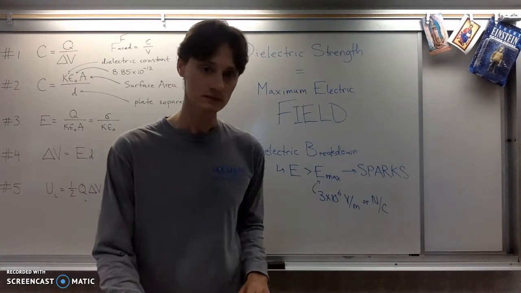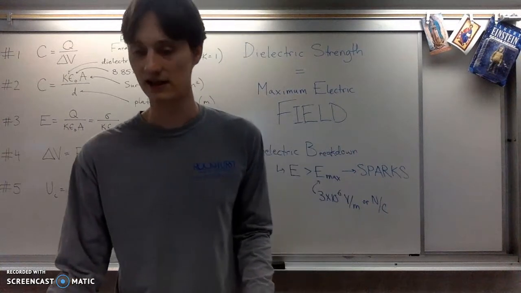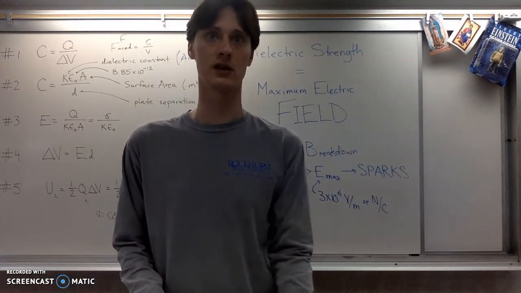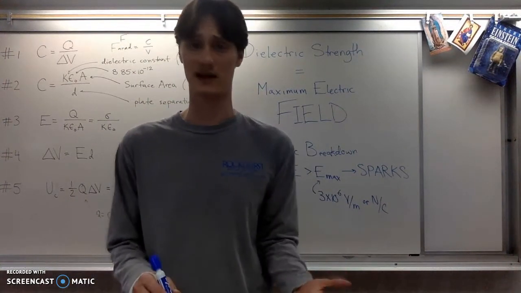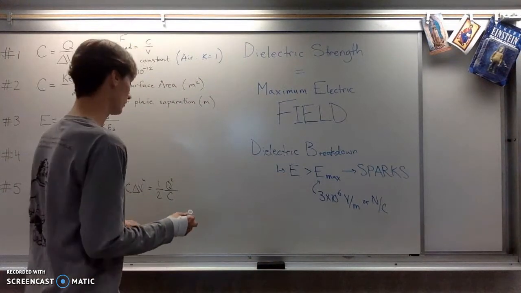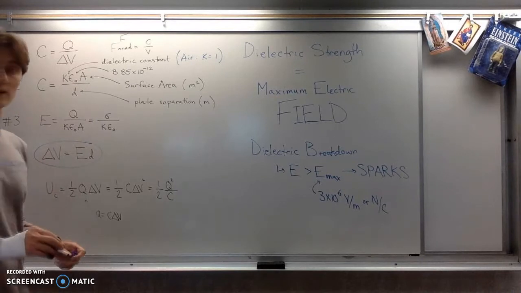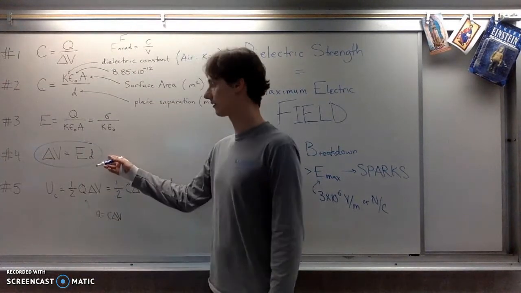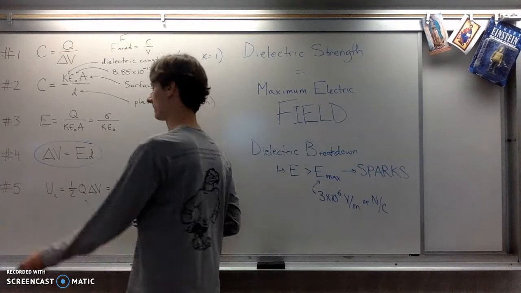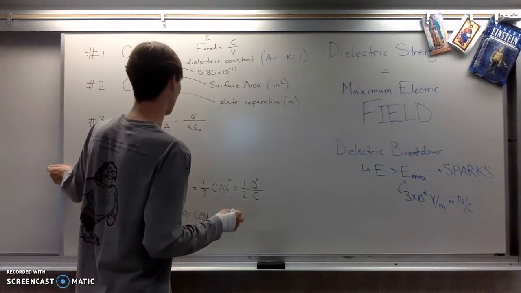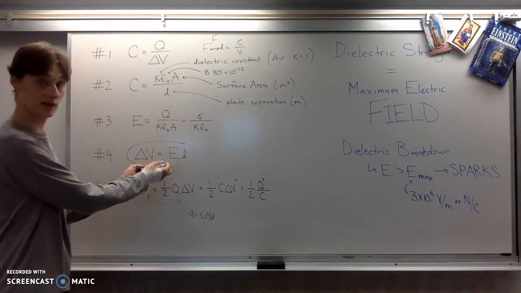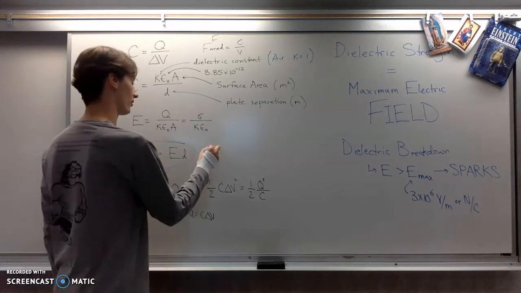Okay, now, let's talk about that unit volts per meter, and then we'll talk about what this has to do with capacitors. The reason a volt per meter is the same thing as a newton per coulomb actually has to do with this equation right here. Let me move this over here. In this equation, we already said that the E stands for electric field.